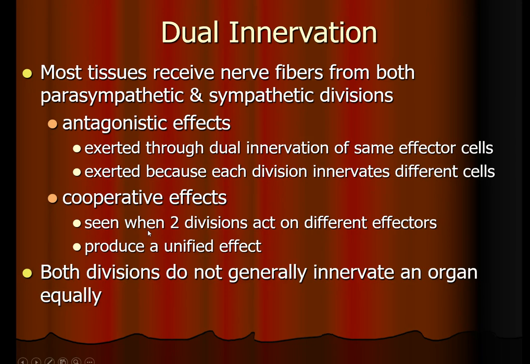Both divisions do not generally innervate the organ equally. They're often a little predominant to parasympathetic or predominant to sympathetic. If, however, we have an organ that doesn't have both, it's either going to be sympathetic or it's going to be innervated by parasympathetic, but it can't be by both.